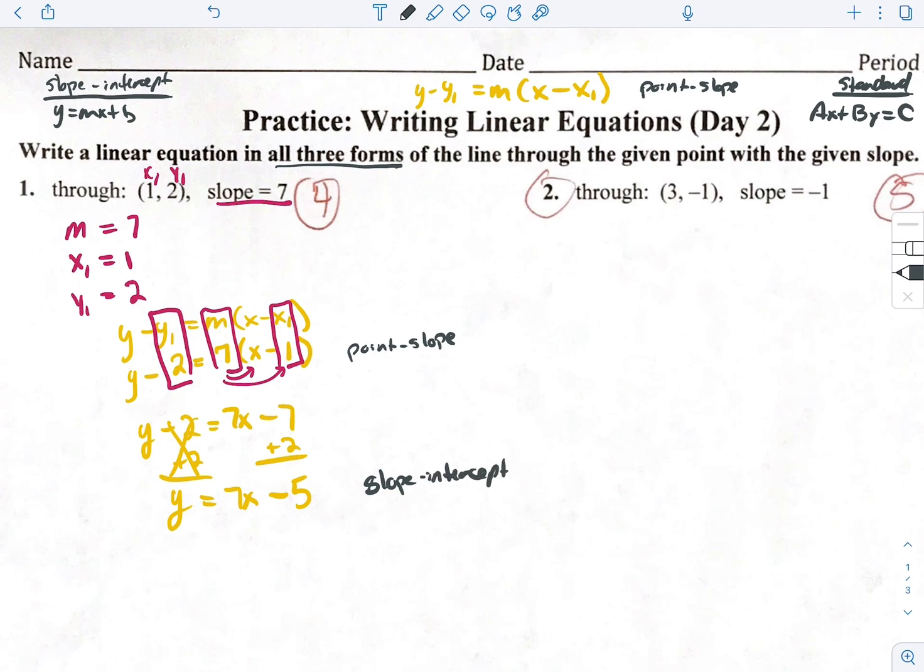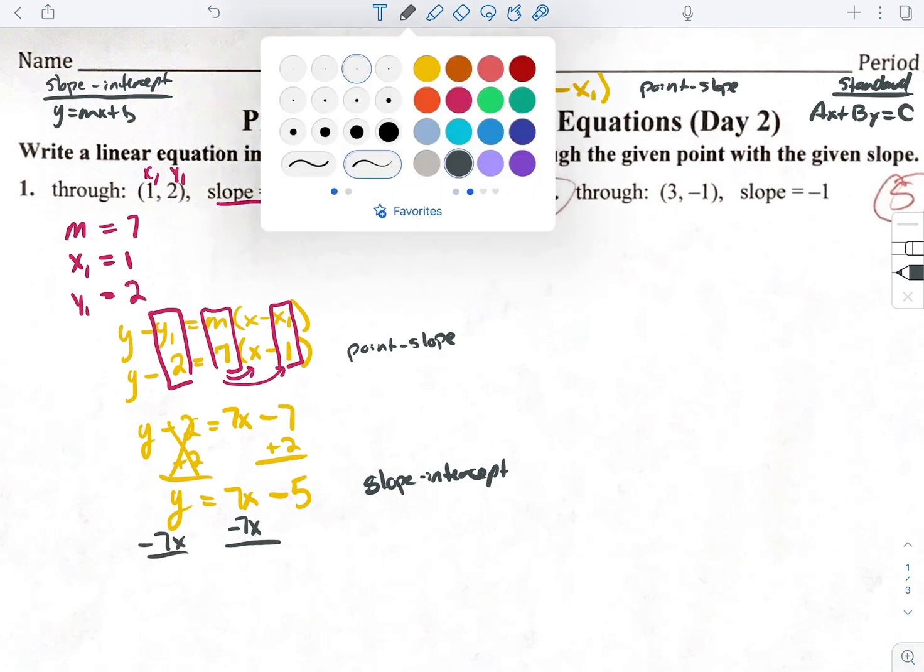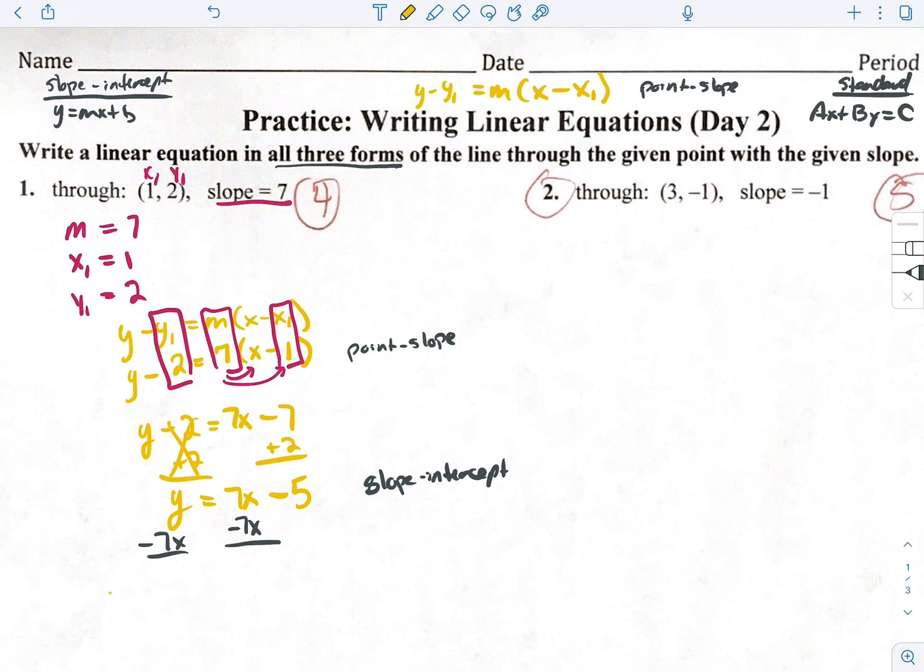And if we want to go into standard form, notice how the ax and the by are both on the left side of the equals. So that means we would need to move this 7x over here to the left side. And we do that by inverse operation. So subtract 7x from each side. And we have negative 7x plus y equals negative 5.